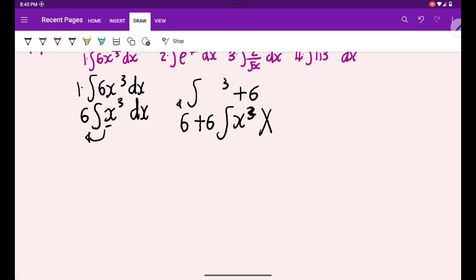Okay, let's continue. So you can't take a plus 6 to the other side. You can't do that. Because the 6 is a coefficient of x to the power of 3, you take the 6 to the other side and you're left with x to the power of 3 dx.